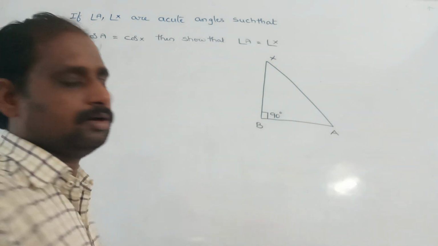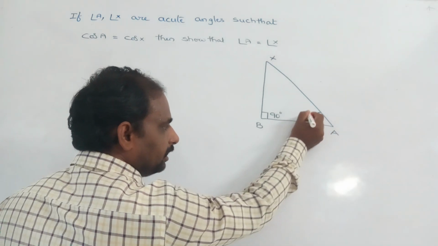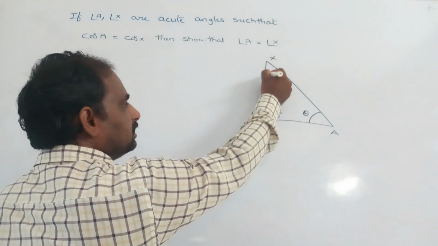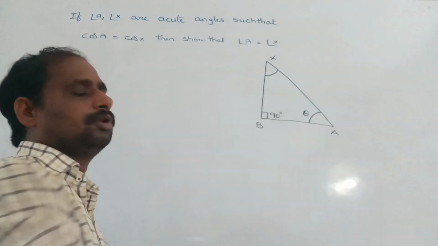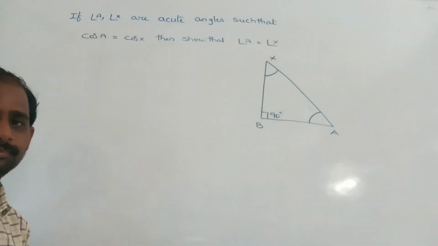Now from the figure, if you take the acute angle here, then it is cos A. If you take the acute angle here, then it is cos X. No need to take theta here.